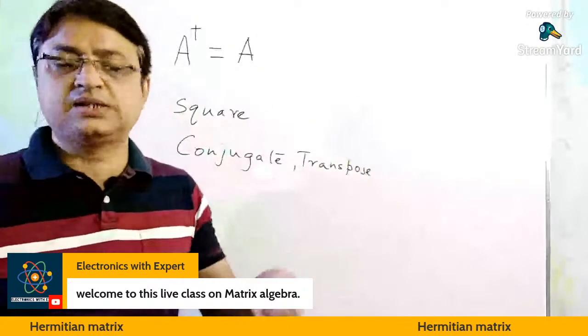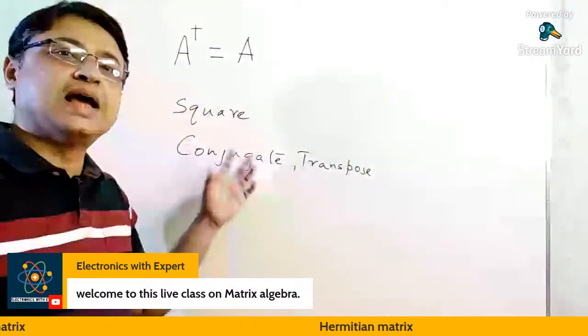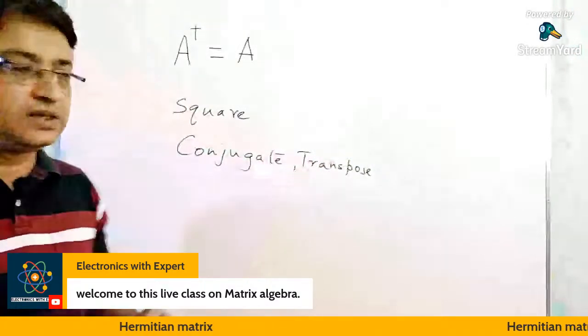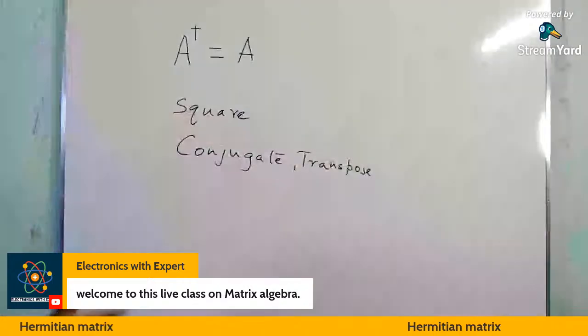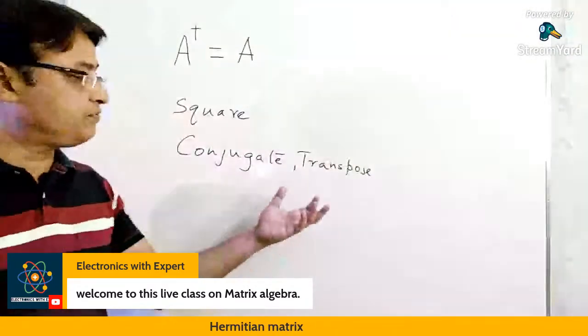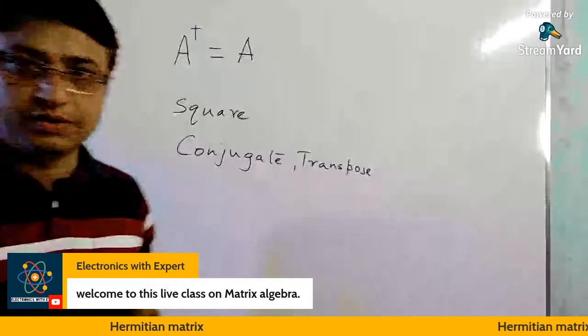Now this definition of Hermitian matrix is actually taking into consideration a square matrix. Now what is the conjugate of a matrix, or rather let us find what is the transpose of a matrix.